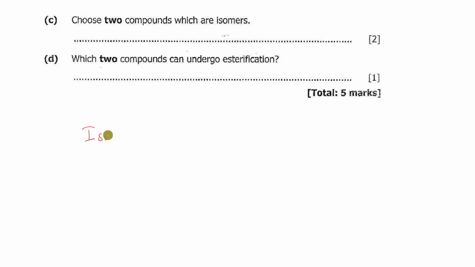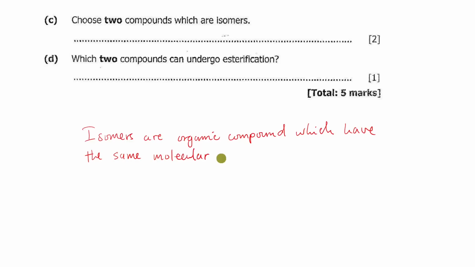So isomers are organic compounds which have the same molecular formula but different structural formula.